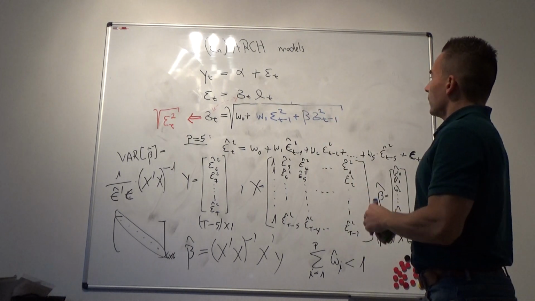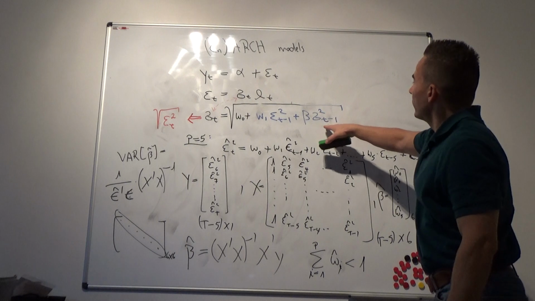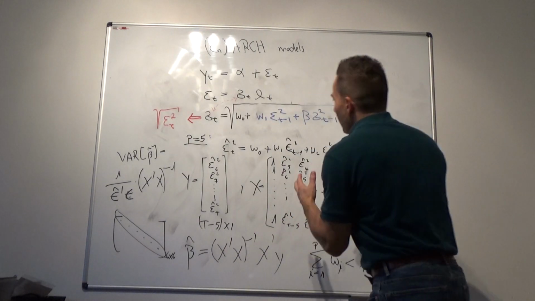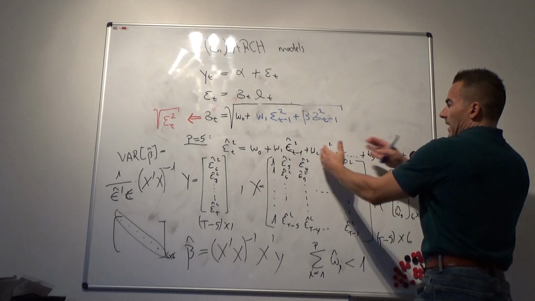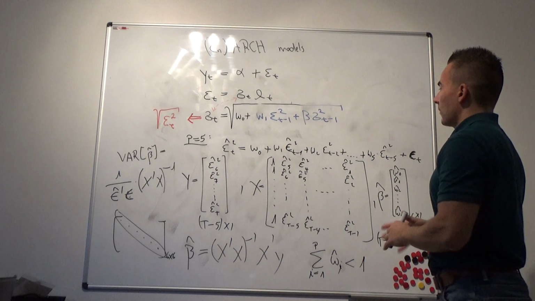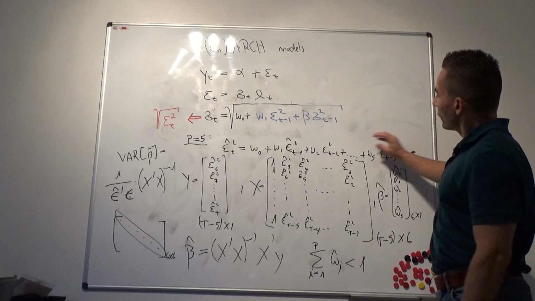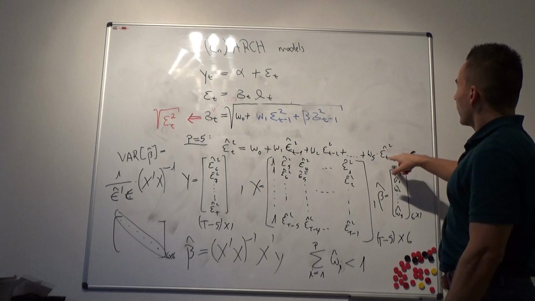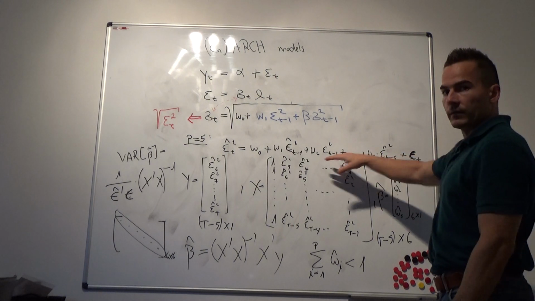This sigma squared t minus 1 has the purpose of summarizing everything that happens here. If we have a very long dependency structure in the data, it summarizes all of these lagged epsilon squared terms.